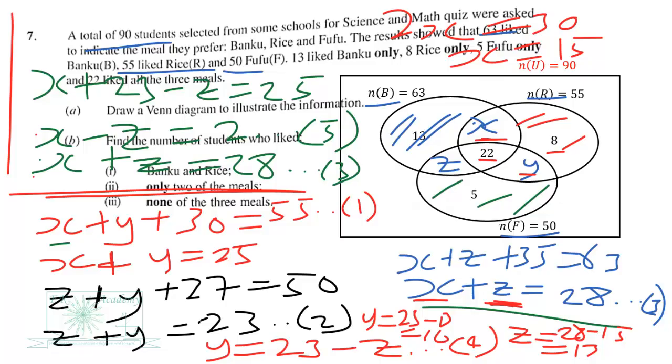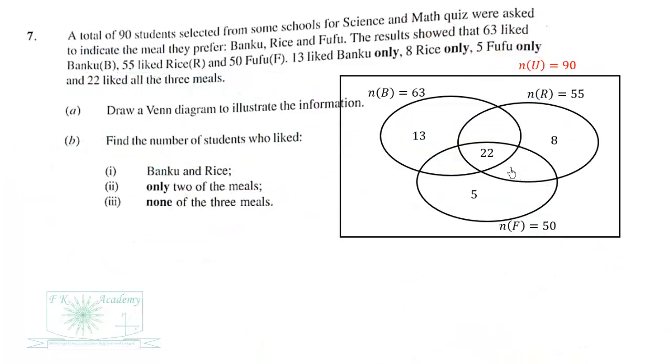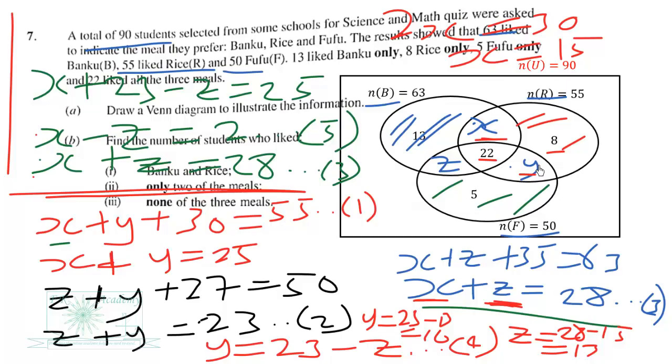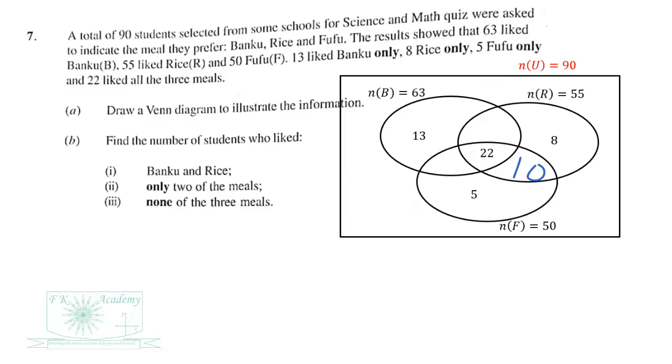Remember, y is here, and we had it to be 10. So we have 10 here. Then x was here, and we had 15 for x. Then we have 13 for z.